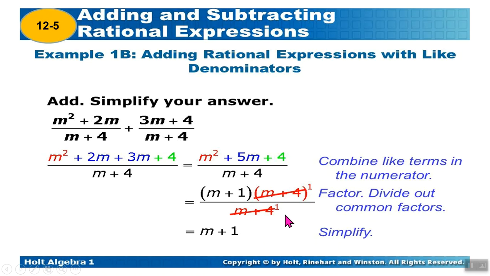Be careful, we don't cut the m with the m, the 4 with the 4. No, we cut the whole algebraic expression. Now, what is left here? Only m plus 1 is still there, and we don't have anything else. This is the last simplest answer.